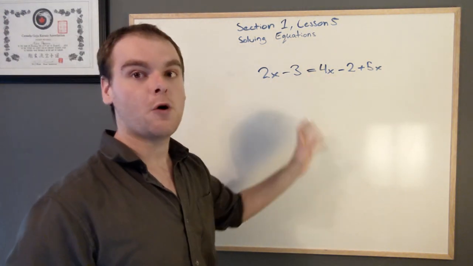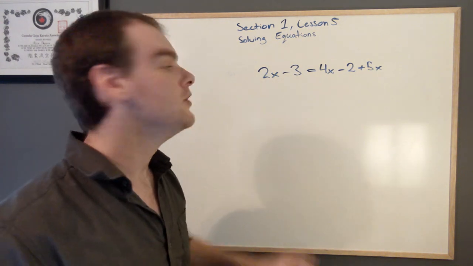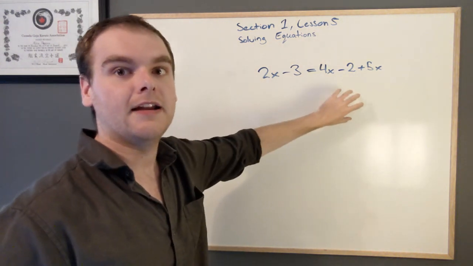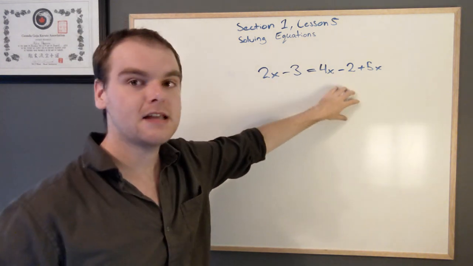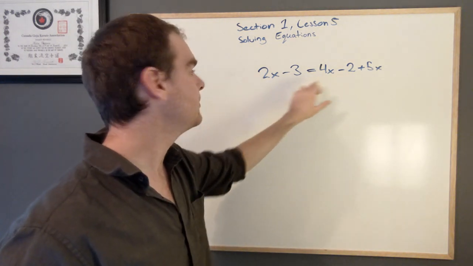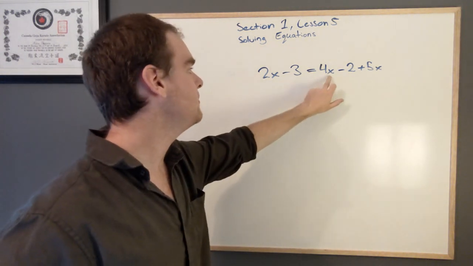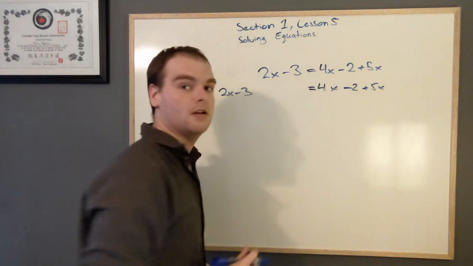So you need to move things over by doing an inverse operation to remove it from this side, and when you do that you end up putting it on this side. Whatever you do to this side, you do to this side. For instance, I want to put the letters on the left, so I need to move this 4x and this 5x to this side.